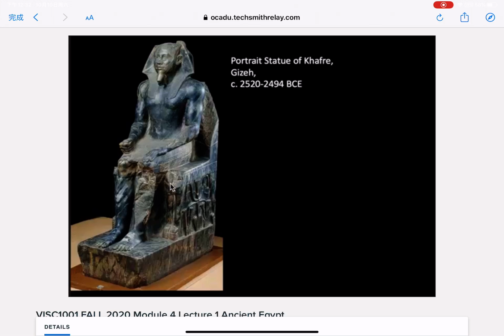Khafre sits on the throne in a very authoritative pose, but his status as pharaoh is also communicated through his clothing. He wears a beard. He wears the shendyt, the kilt. He wears an elaborate headdress, a traditional linen nemes headdress, which covers his forehead and falls in pleated folds over his shoulders. He clearly originally held something in this hand that no longer survives, while the other palm rests on his knee.